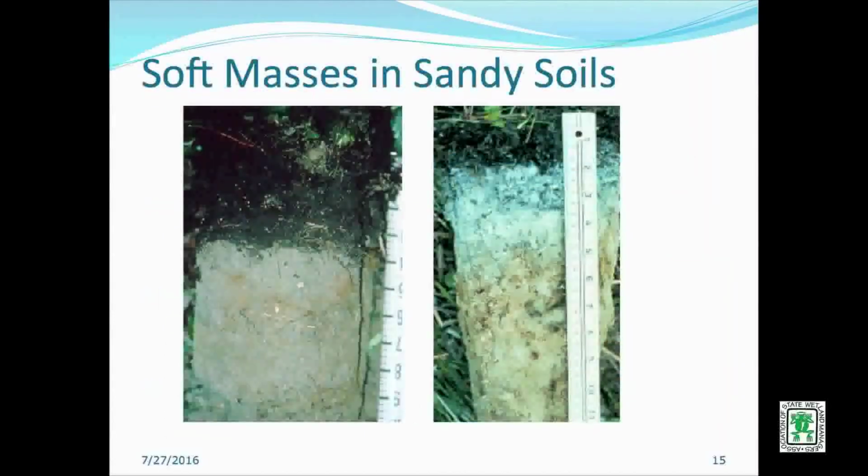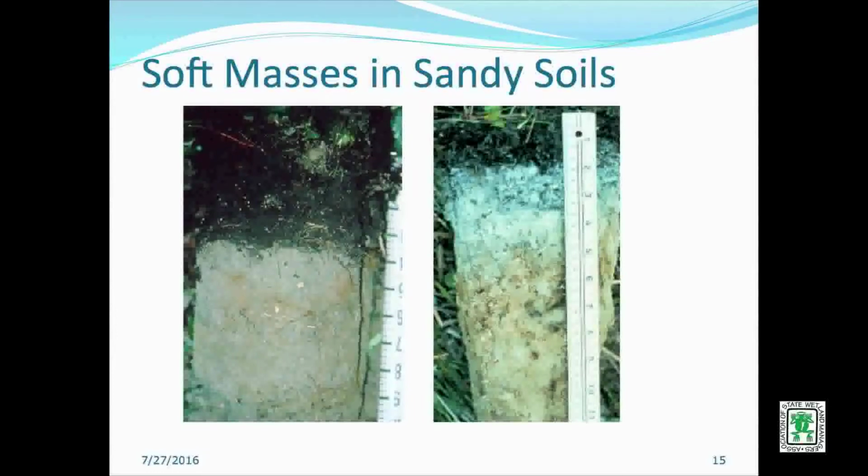Now here's a look at soft masses in sandy soils, and you can see that they're not as distinct. They're not as easily seen. I believe Lenore went over distinct contrast in last week's presentation, or the first week's presentation. But you can see, if you look closely, that there are some reddish colored zones in the sandy matrix in both the left and the right side.